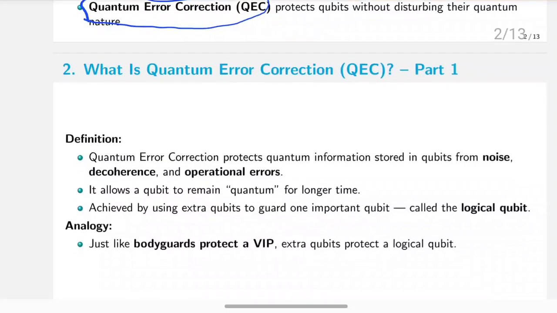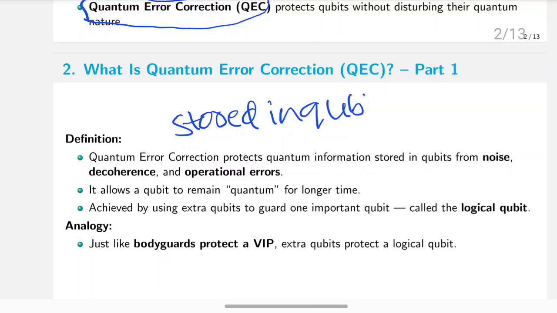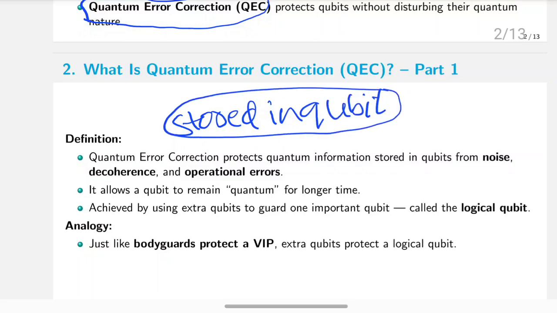So what is quantum error correction? Before going on to the types of quantum error correction, I want you to know what it is. Quantum error correction protects quantum information stored in qubits. You need to remember, the information stored in qubits is handled without errors by using quantum error correction.